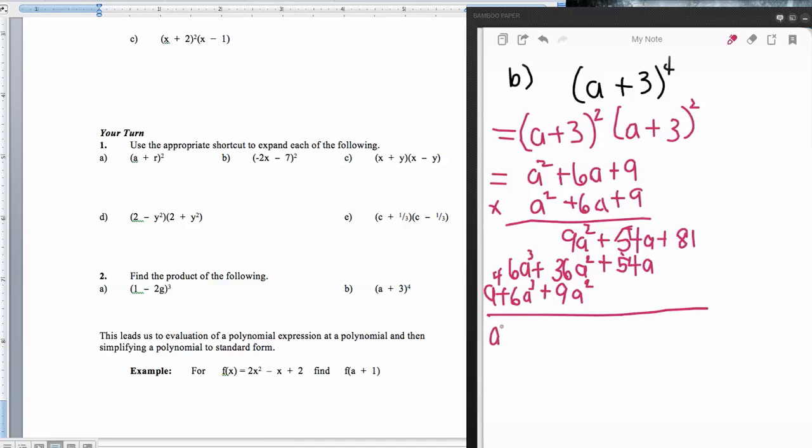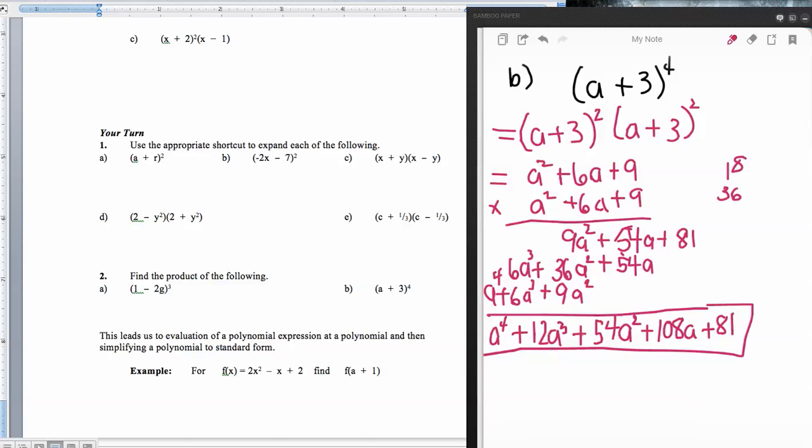So we get a to the 4th plus 6, which is 12, a cubed, and then plus, we have 9 plus 9, which is 18, and then plus 36, so we have 4 carry the 1, which is 54, a squareds, and then plus, and 54 plus 54, which is 108, a, and then finally plus 81. And now we're almost done.